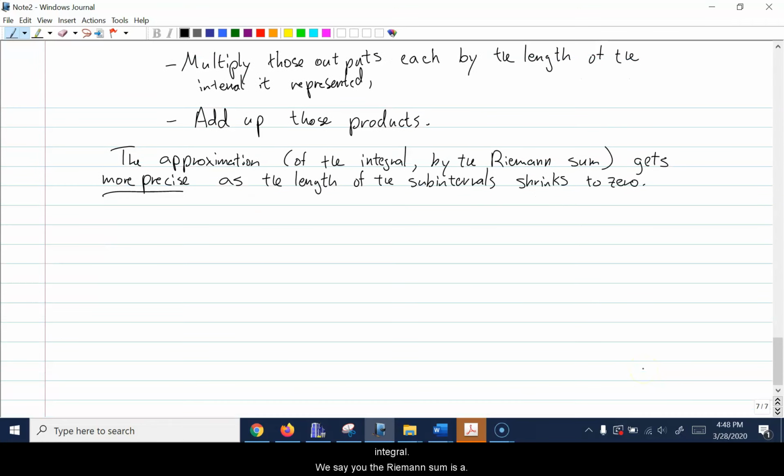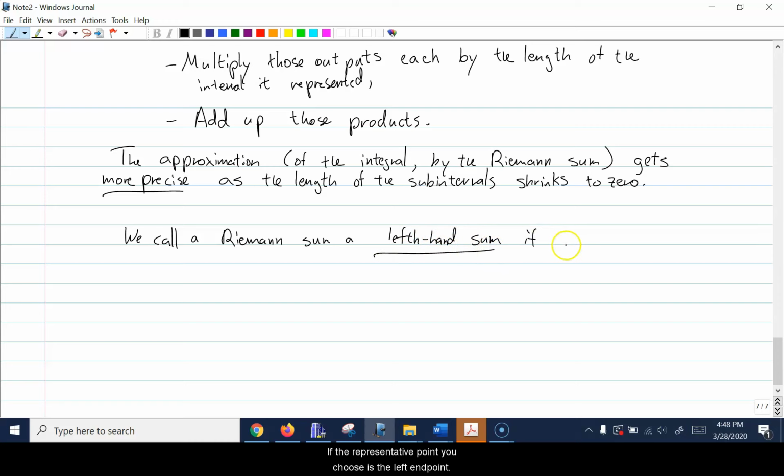We say that a Riemann sum is a left-hand sum if the representative point you choose is the left endpoint.